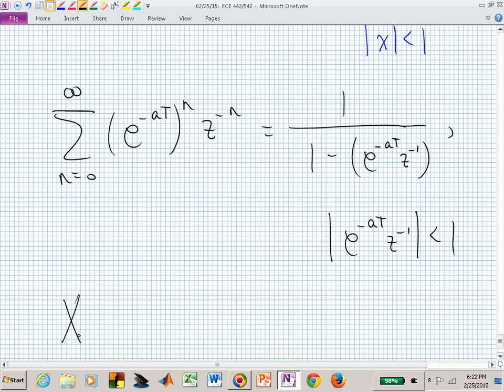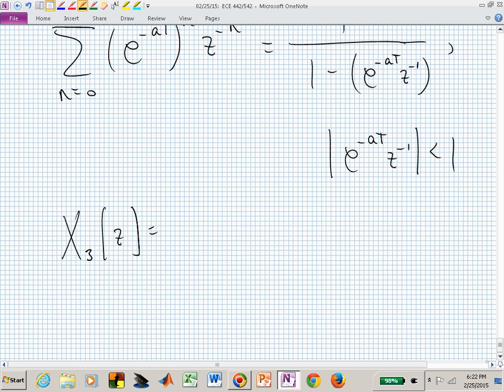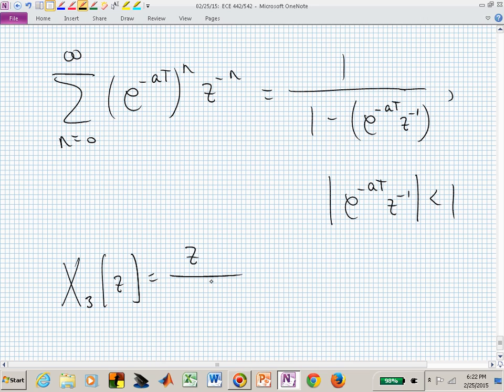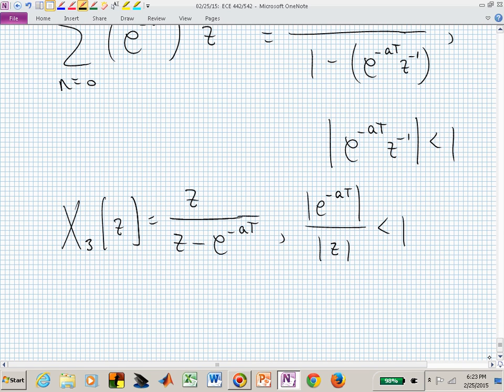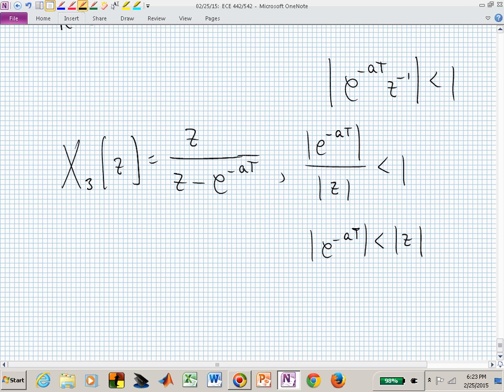And we have that capital X sub 3 of z, which is the z transform of an exponential, is z over z minus e to the minus at, as long as the absolute value of e to the minus at over z is less than 1, or we now want e to the minus at less than z, where this is now r.